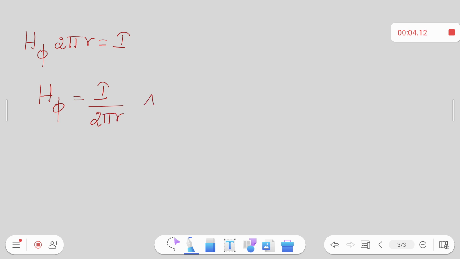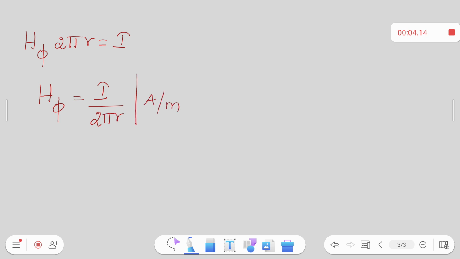So what we could see is my magnetic field intensity along the phi direction into 2 pi r is equal to I, the current enclosed by the closed surface. From this we can determine the magnetic field intensity of a long straight conductor is I divided by 2 pi r ampere per meter.